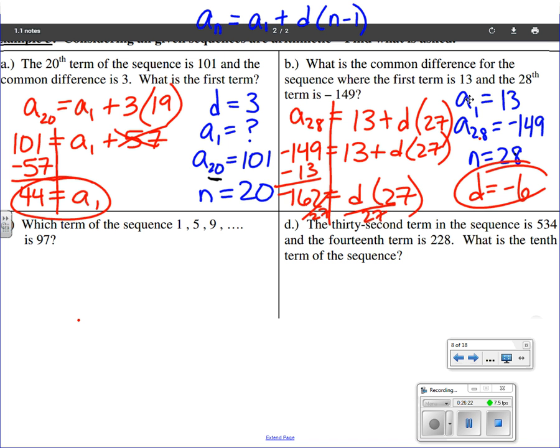All right, C, which term of the sequence 1, 5, 9, dot dot dot is 97? Jacob, what's one thing you know? What? Very good. D is 4. How did you get that? Anybody?